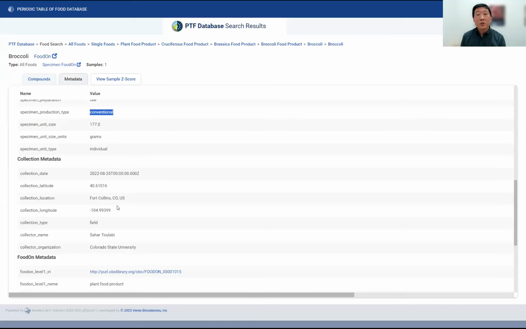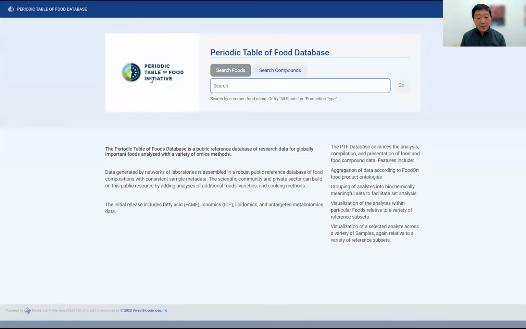And this metadata also really begins to allow us to ask and to answer some of the really big questions, like the effects of our methods of production on the quality of food, and also how climate change might be affecting the quality of our food. So we've started with a core set of metadata, but the system really has been designed to be extensible. And with that, let's take a look at Jonathan's experiment in particular.